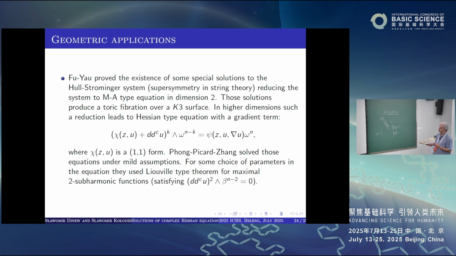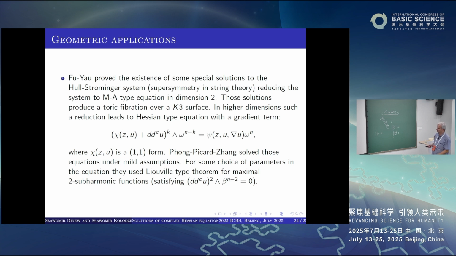But in higher dimensions, instead of a Monge-Ampère type equation, you obtain some kind of Hessian type equation with some specific chi and psi here. This is a more general form, which was studied by Fang, Phong, and Zhang in several papers.